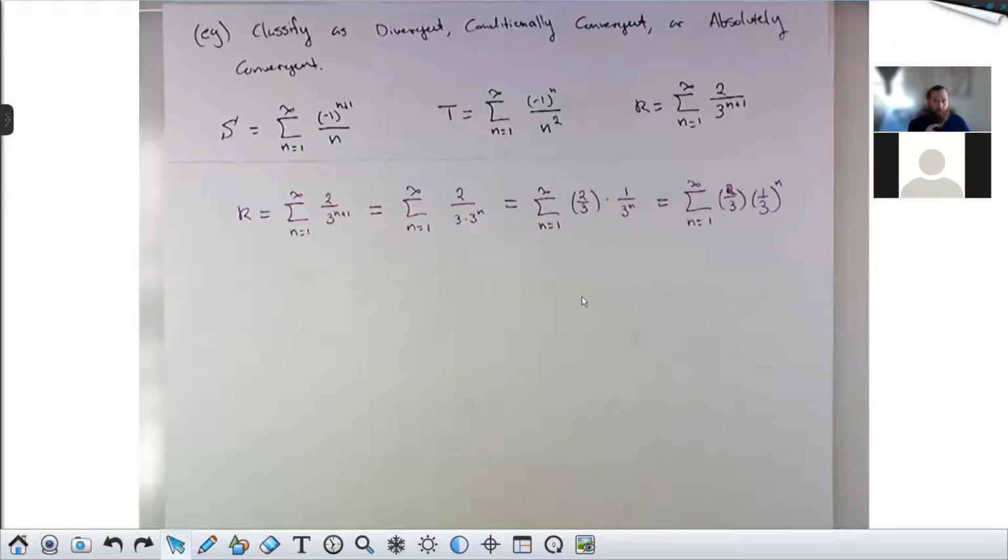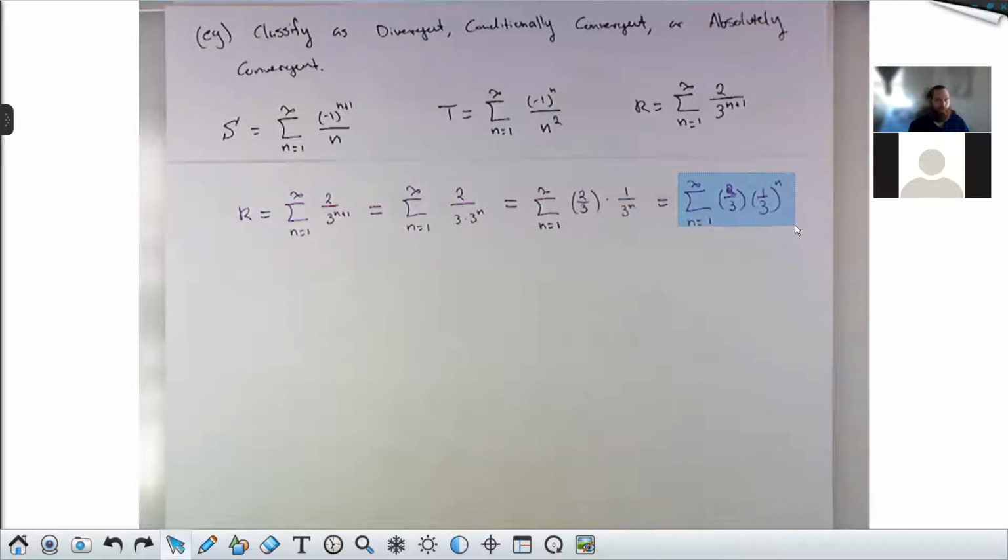Now, being mindful of what we just said, the little light green note from the last problem, if we think that this series converges absolutely, then we should go ahead and start with the absolute value series. There are other things we can do here. This is actually a geometric series, right? That's what this algebra is showing.